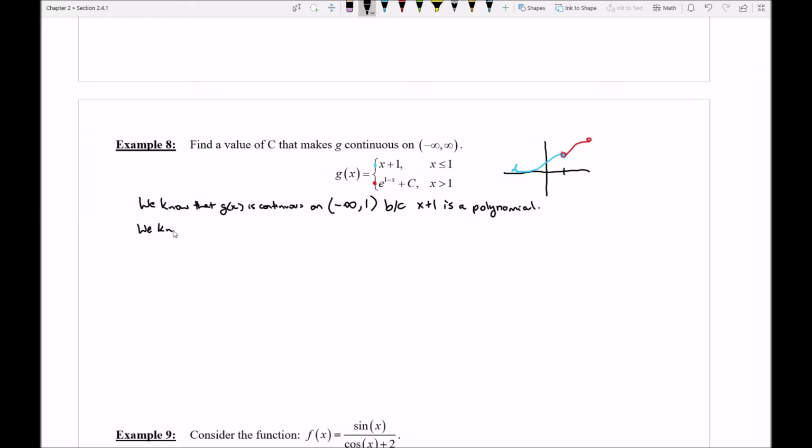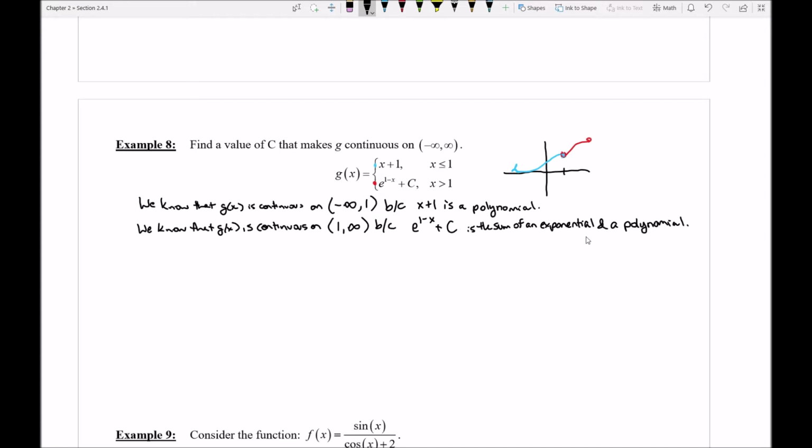Now in the same way, I can say that we know that g of x is continuous on the interval from 1 to infinity, and that's because e to the 1 minus x plus a constant c is the sum of an exponential function and a polynomial.